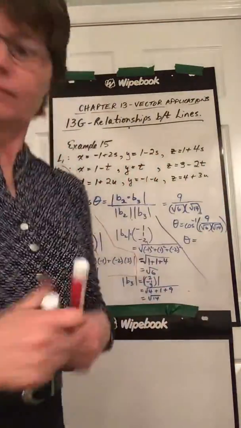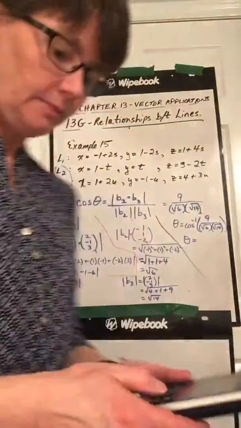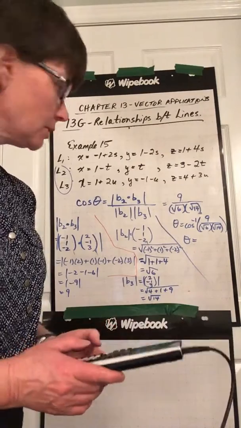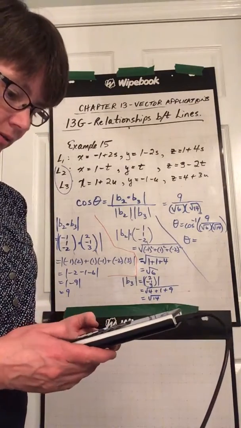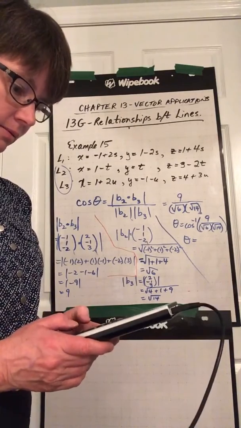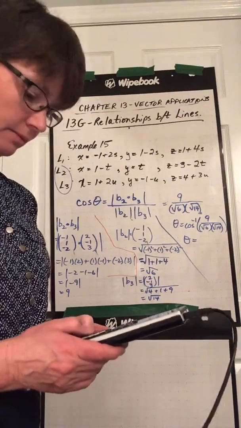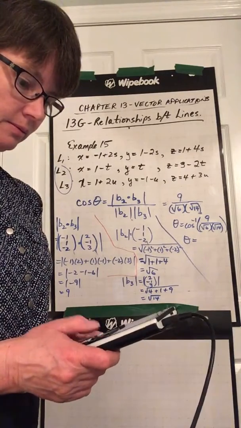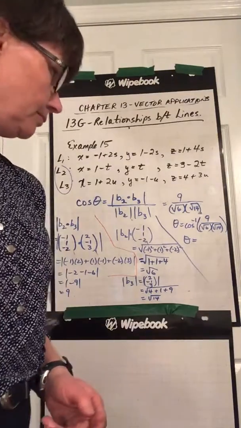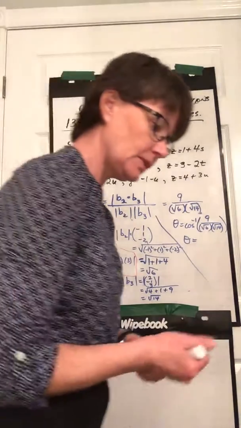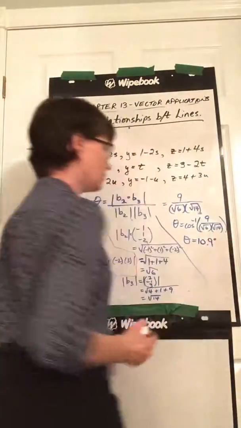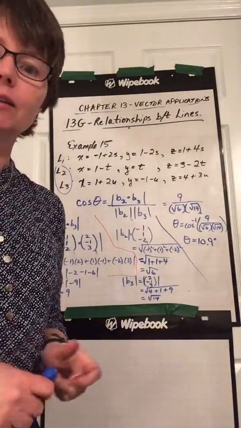Calculator in degree mode, so my answer will be in degrees. 10.9. Is that the right answer? Yes, it is. 10.9 degrees. Okay, so that's the angle between the two lines.